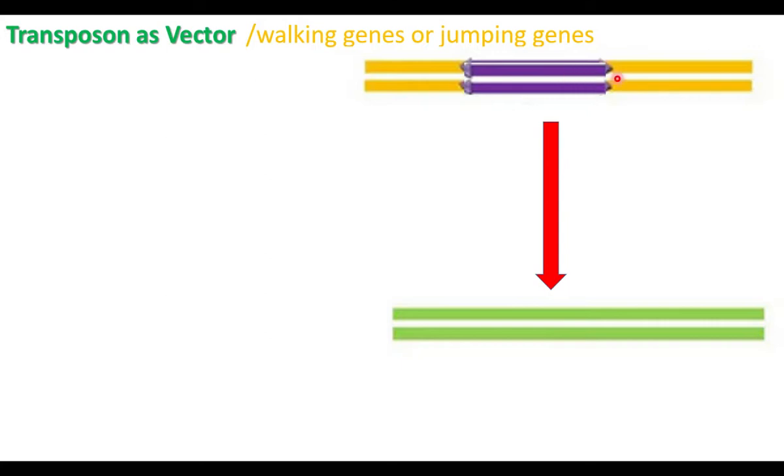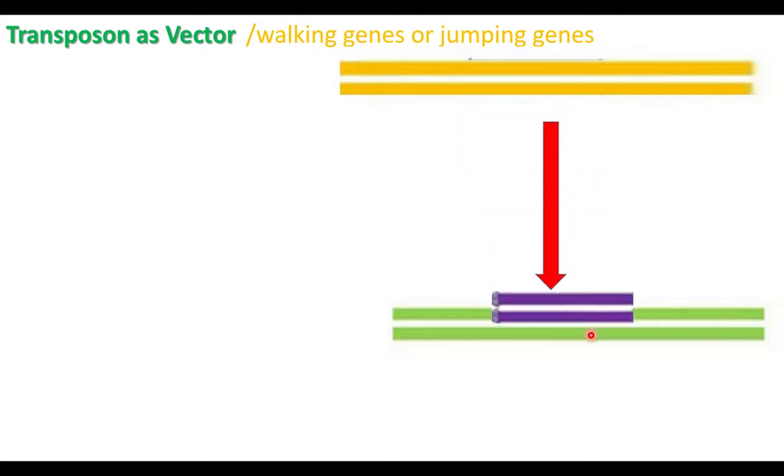It can move from this DNA to another DNA. It has enzymes like restriction enzyme and DNA ligase, so it makes a cut on a foreign DNA or the same DNA at another place and enters inside, and then it joins by means of DNA ligase.